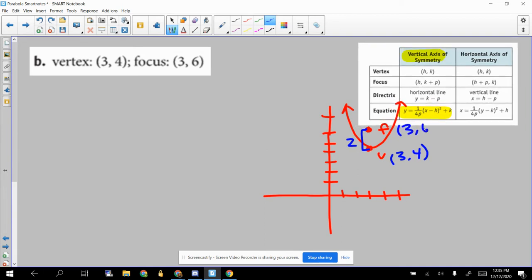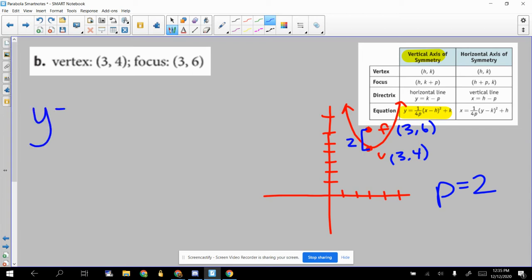So we know that p distance is 2. Now we have all of the pieces of information that we need. We know where the vertex is, and we know the distance from the vertex to the focus. So we're going to plug those into our equation.